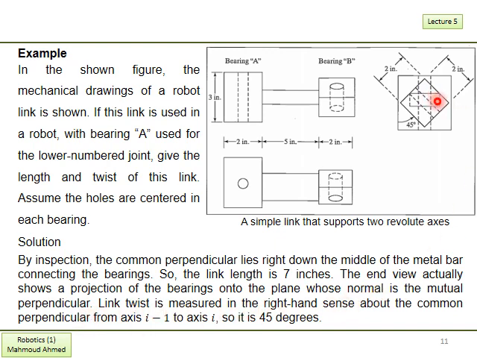So in this case, the twist is the angle measured between the mutual perpendicular and the extension of the line of the other joint, which, using the right hand sense, is 45 degrees, because the twist here is 45.